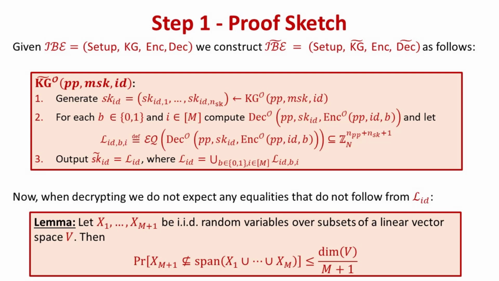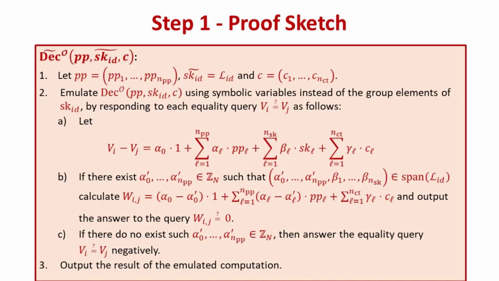Specifically, we prove a simple lemma showing that if x1 to xm plus 1 are independent, identically distributed random variables over subsets of a linear vector space V, then the probability that xm plus 1 is not contained in the subspace spanned by x1 to xm is at most the dimension of V over m plus 1.